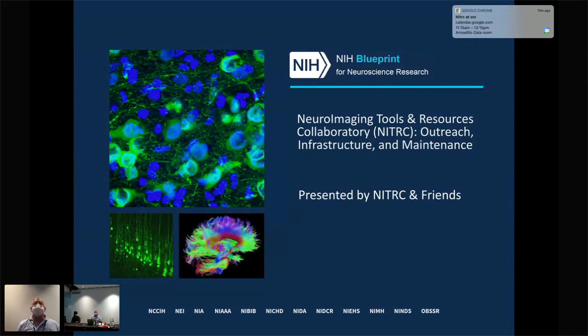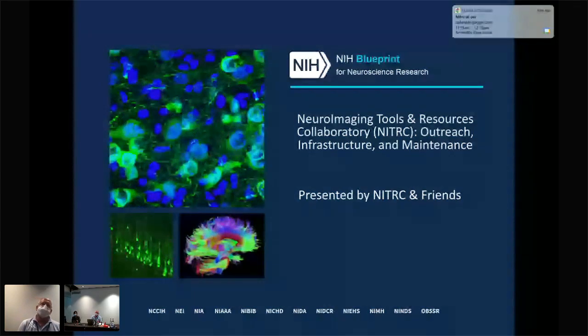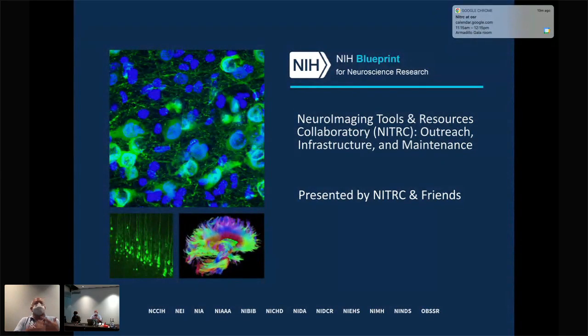So people were getting funding and developing cool things, but they weren't really living beyond the era of the grants. The exception to this is some of the big powerhouse tools, the SPMs and FSLs and FreeSurfers, which persisted anyway. But a lot of cool innovations were being done, and a lot of grants were being given to support things, but they just ended when the grants ended and never persisted.